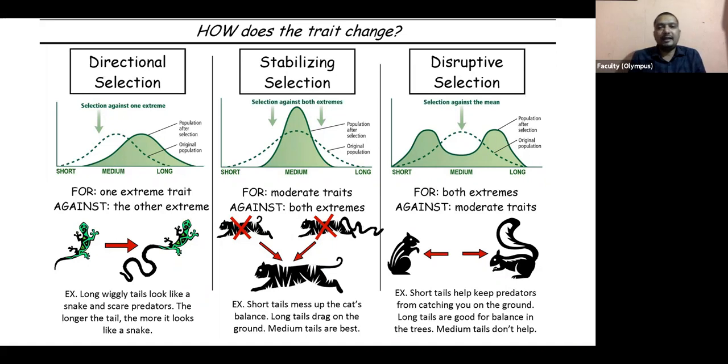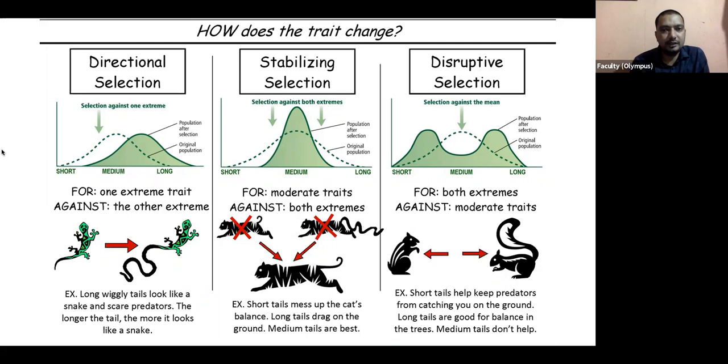Next one is stabilizing selection. So what is stabilizing selection?